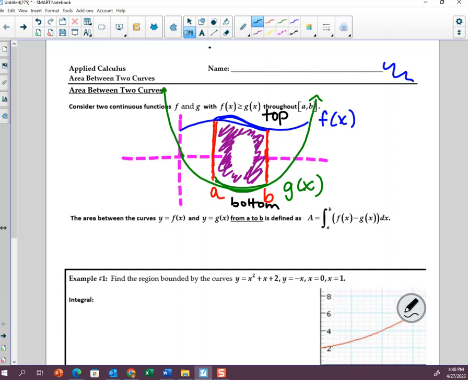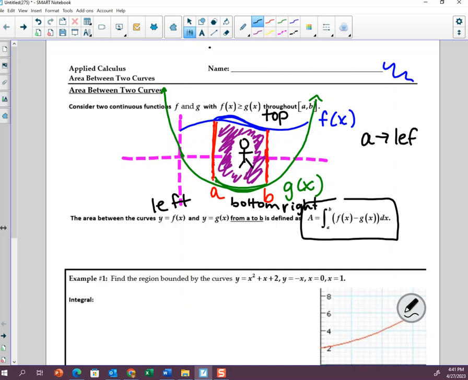Imagine yourself standing in here, and you've got one function above your head and one function below your head, and you're trying to find the area around you. That area is going to be found by looking at that integral. We have a left boundary, that's A. We have a right boundary, that's B. So A is the boundary on the left, B is the boundary on the right.